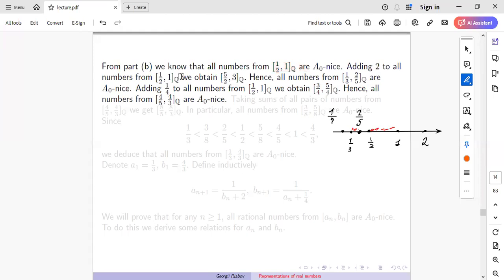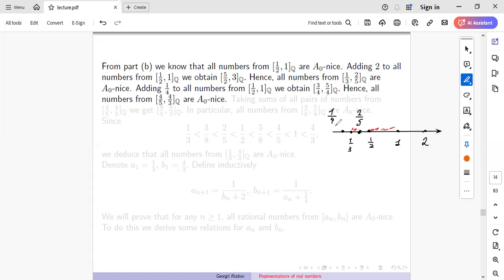If we add 1/4, which is the smallest nice number, to all numbers from segment 1/2 to 1, we obtain all rational numbers from segment 3/4 to 5/4. Take reciprocals and get that all rational numbers from 5/4 to 4/3 are nice.